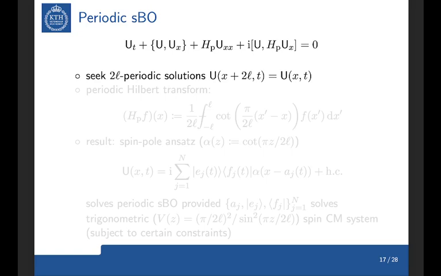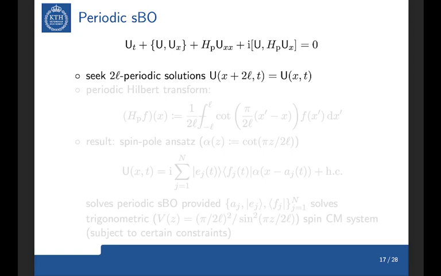We had a relation from the spin Benjamin-Ono equation to the rational spin CM system, and it's not hard to also get a relation to the trigonometric spin CM system. So this is done by considering 2L periodic solutions of the spin Benjamin-Ono equation.